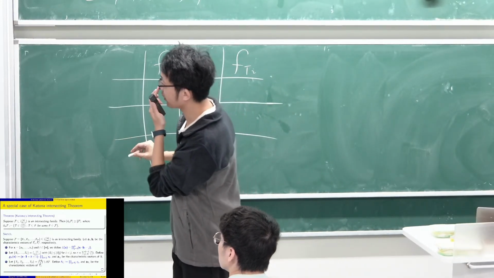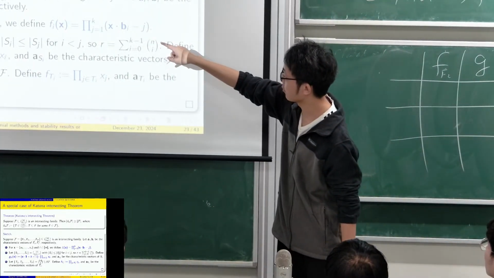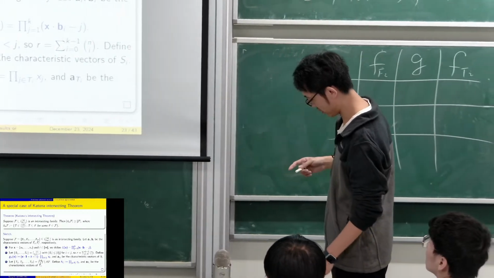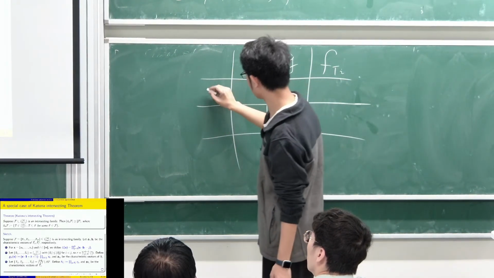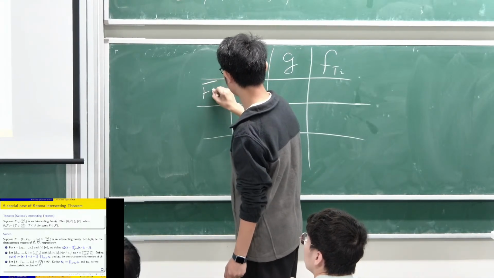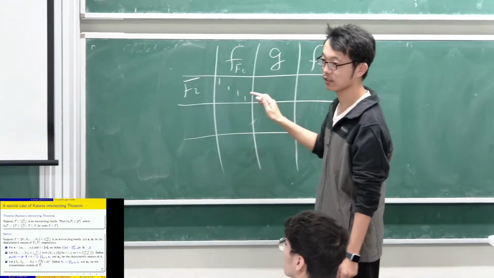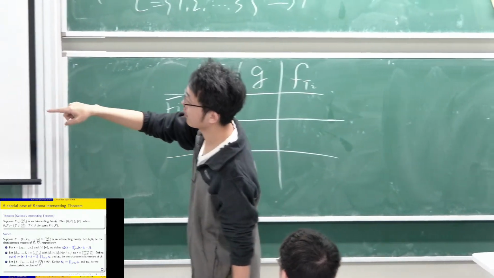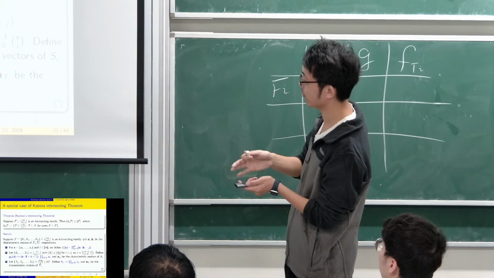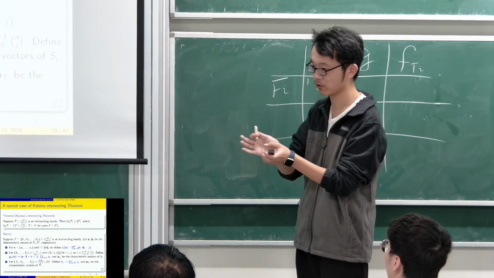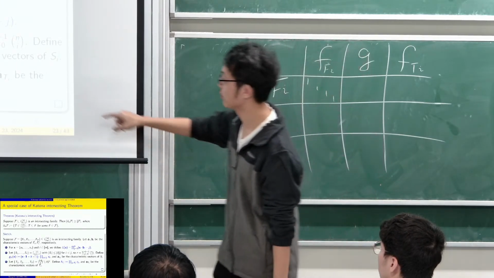For the first part, because it's k plus one uniform and intersecting, in this part there must be a diagonal matrix. Suppose for distinct Fi and Fj, the size of their intersection must belong to 1 to k, so the value must be 0.